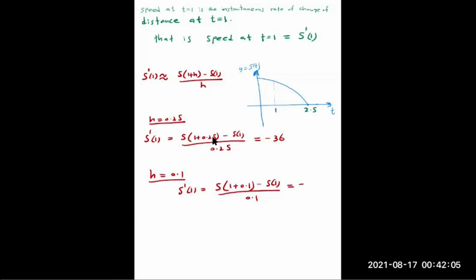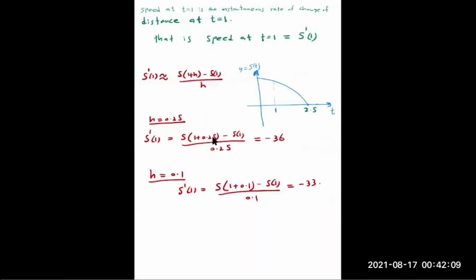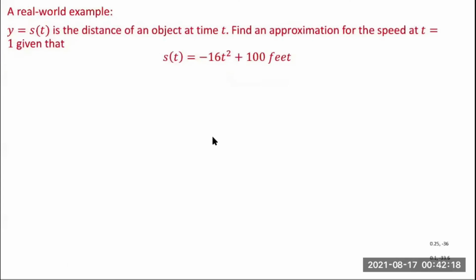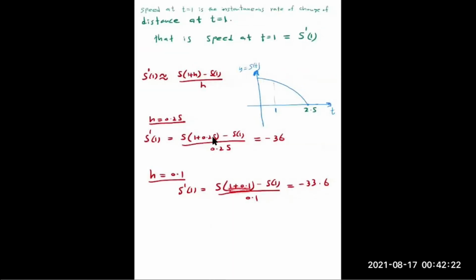This will give you minus 33.6. To find this one, of course, this is 1.1. You plug 1.1 into your function s to find s of 1.1. Similarly, to find s of 1, you plug 1 into the function s of t. So that will give you this quantity to be minus 33.6.